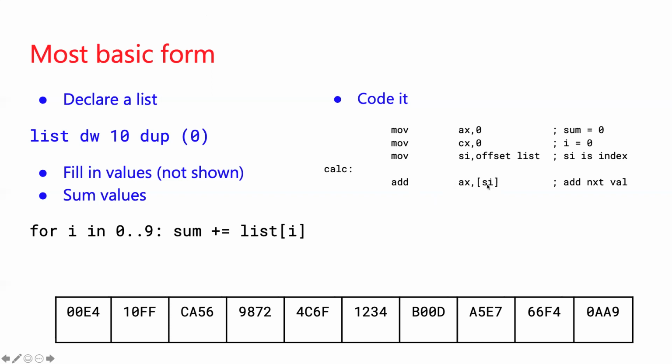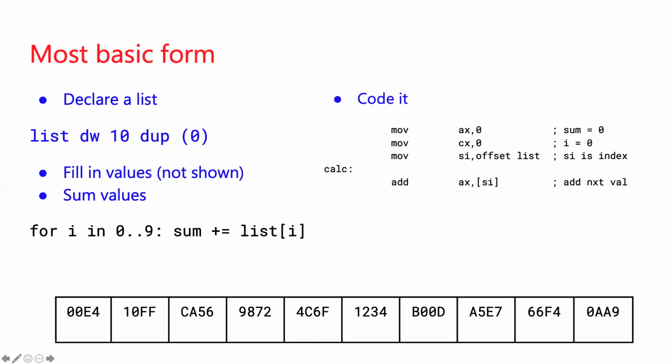And when you put a register inside square brackets like that, you're saying to the processor, go get the memory address in SI. And remember, we just loaded up SI with the address of this first item. So go get whatever SI points to. Go get the memory address in SI, get the contents of that, and copy it into AX.